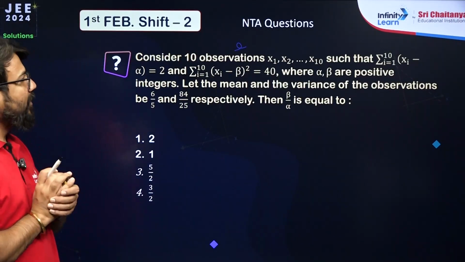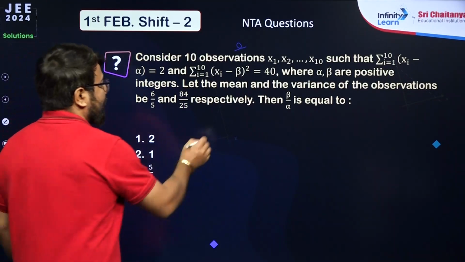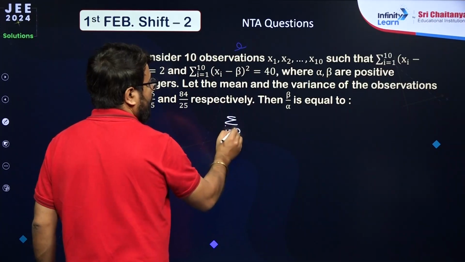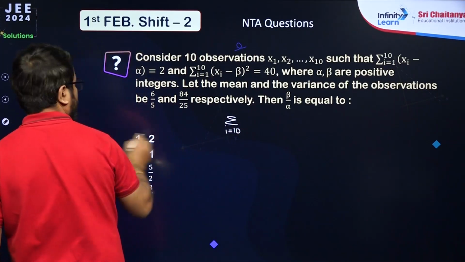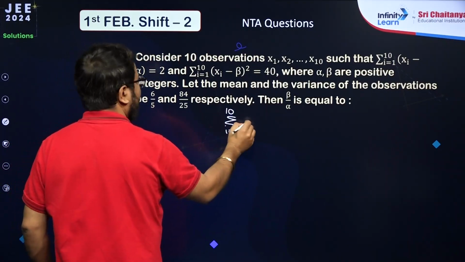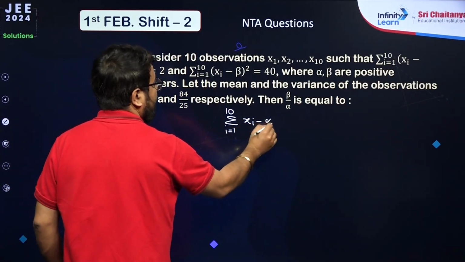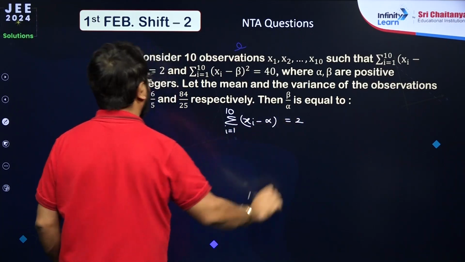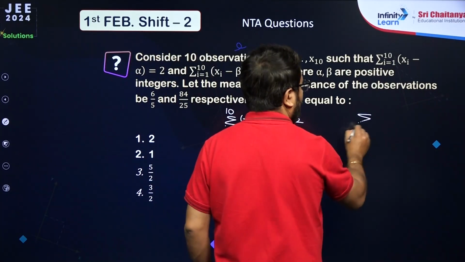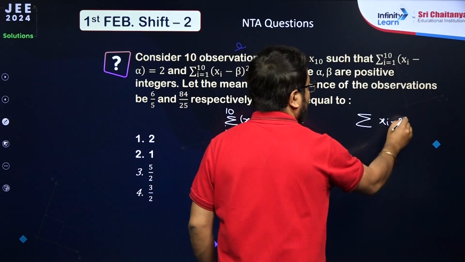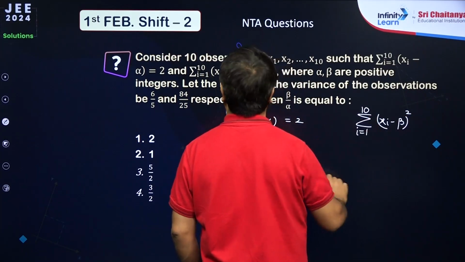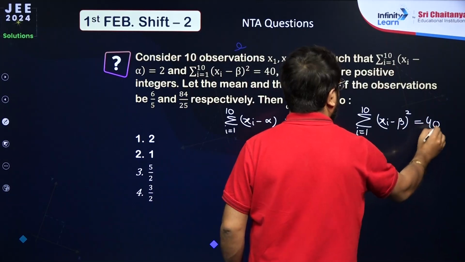Consider 10 observations in front of you. It has been given that the summation of i equals 1 to 10 of (xi minus alpha) is 2. Now the summation of i equals 1 to 10 of (xi minus beta) whole square is 40.